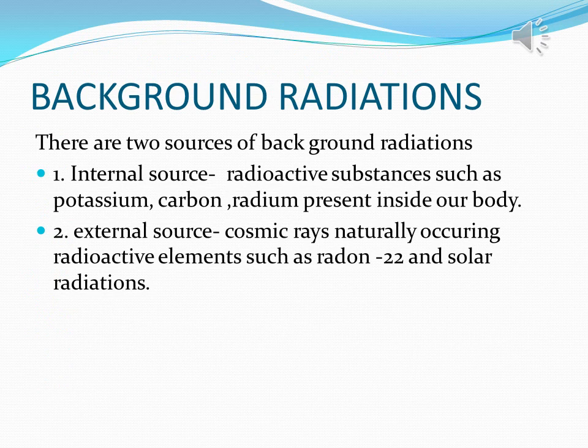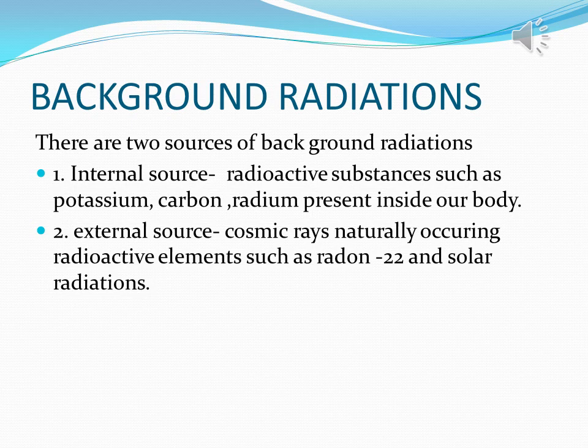The last topic of the chapter is background radiations. The background radiations are the radioactive radiations to which we all are exposed, even in the absence of an actual radioactive source. So basically, there are two sources of background radiations.